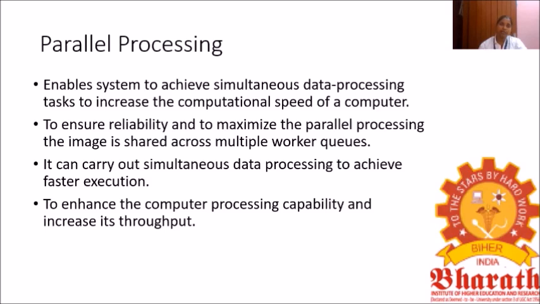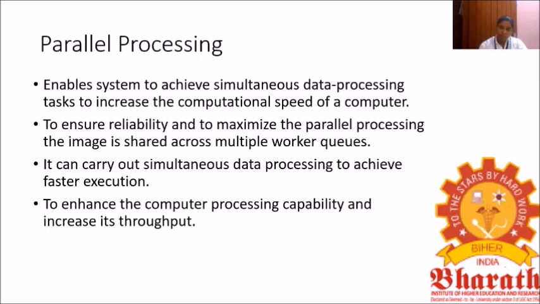If the work is assigned to the systems in parallel, then the system can function in a better, more efficient, less time-consuming manner, and work faster. Parallel processing also enhances the computer's processing capability and increases the throughput.